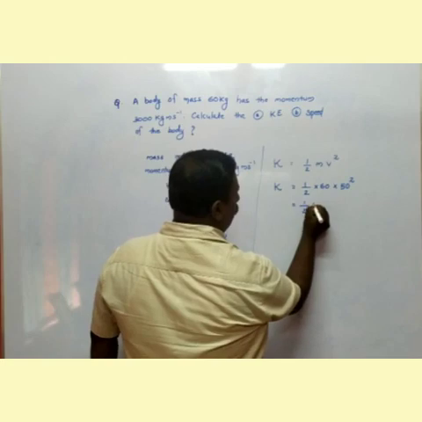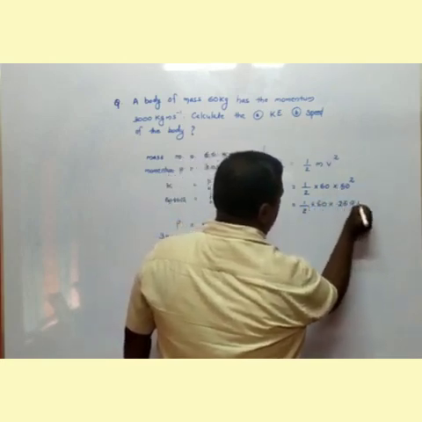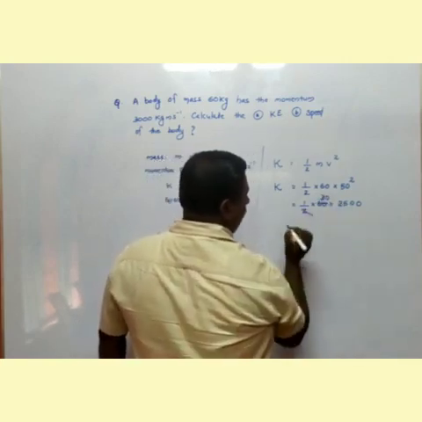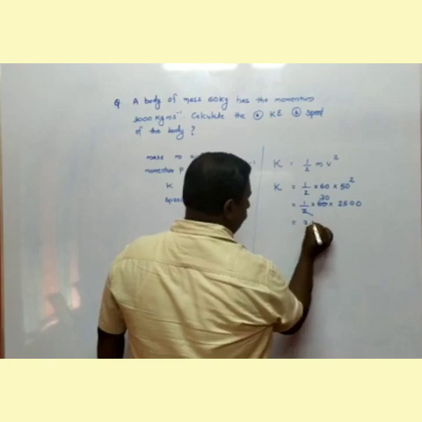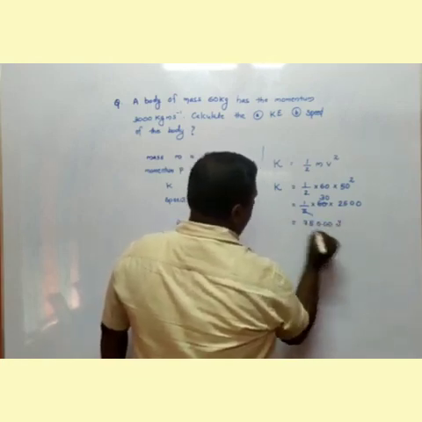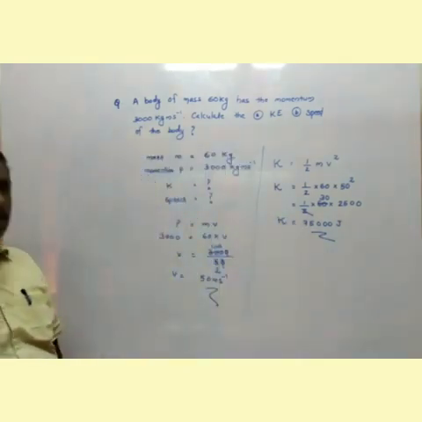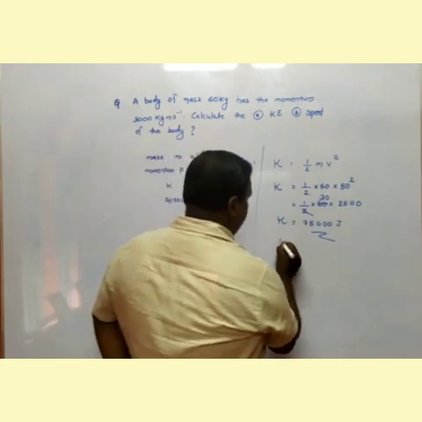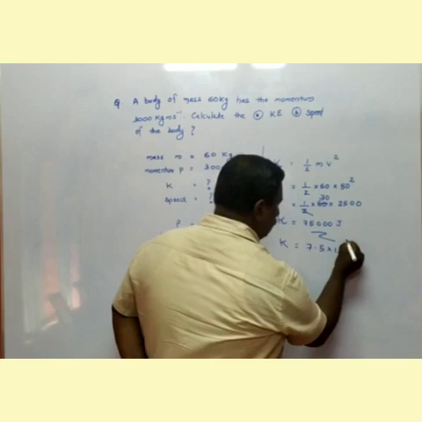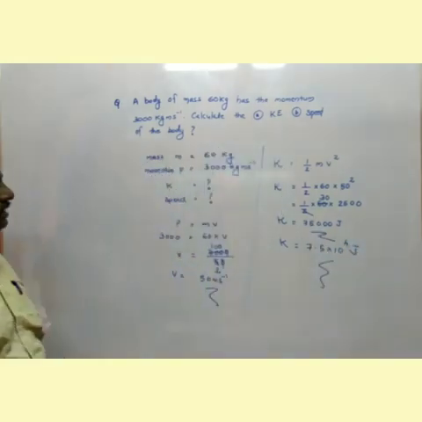So 1 by 2 into 60 into 50 square, that is 2500, this will become 30. Kinetic energy of that body is 75,000 joule, or in standard form we can write it as 7.5 into 10 raised to 4 joule. Okay, is it clear?